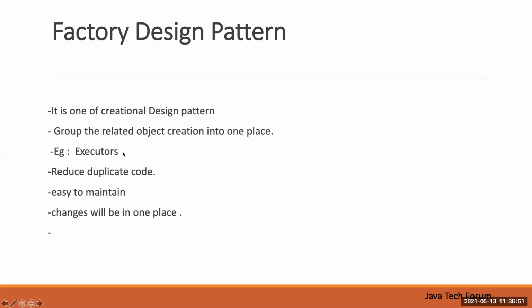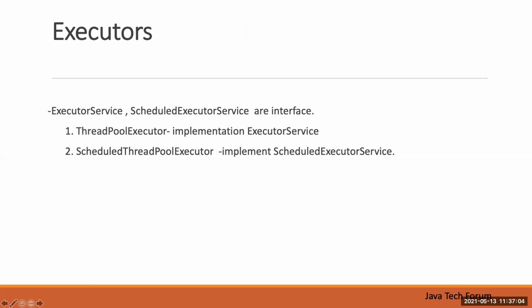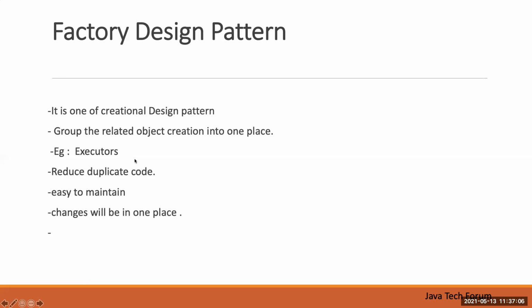What is the advantage of this factory pattern, why do we need to use it? The main advantage is that it reduces duplicate code, meaning repeated code. Let's say you don't have the factory class. Whenever you need a thread pool in your code, you need to create the object for the thread pool and then use it.